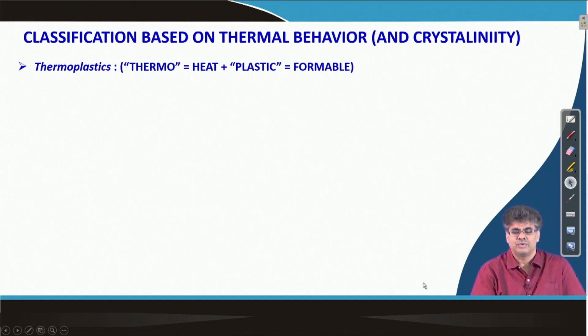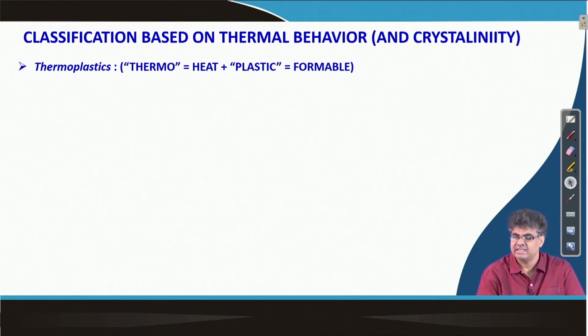Now, we go forward and discuss the classification of polymers based on thermal behavior and crystallinity. First we will talk about thermoplastics. As the name suggests, thermo means heat and plastics means formable, means we can form or make something.